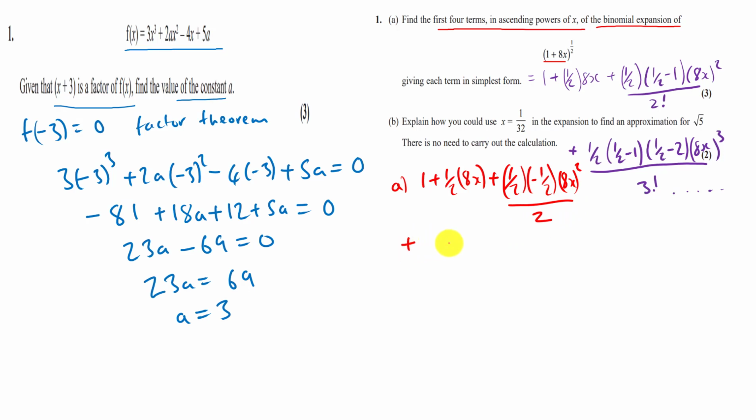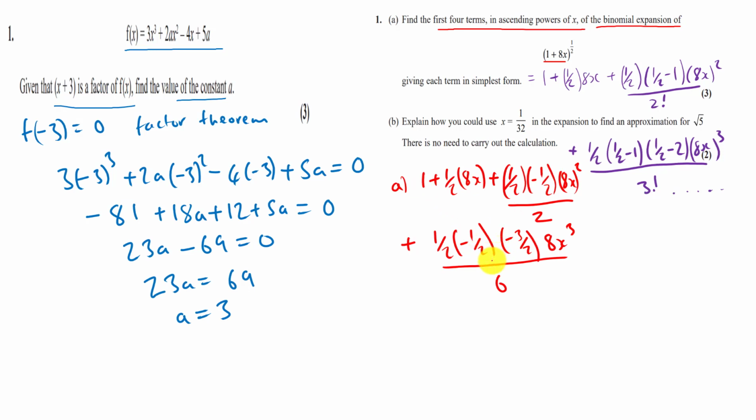plus the 4th term. It's going to be a half times minus a half times minus 3 over 2 times (8x) cubed all over 3 factorial, which is 6. So those are the 1, 2, 3, 4 terms.